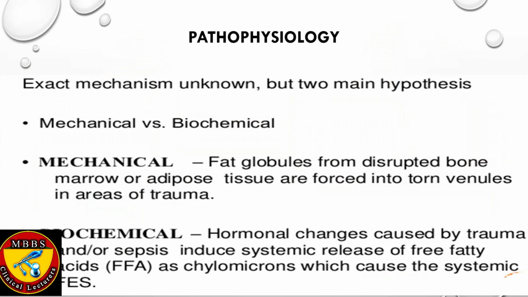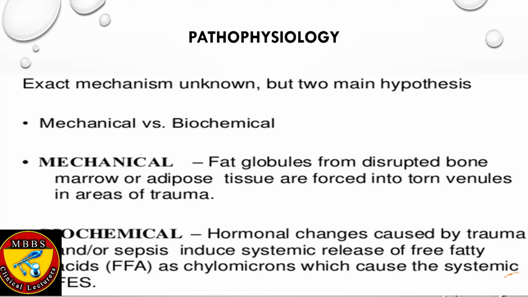Now, the pathophysiology of fat embolism is based on two main hypotheses: mechanical and biochemical. In the mechanical hypothesis, traumatic injury causes fat globules to be disrupted from the bone marrow or adipose tissue, and they are forced to travel into the torn venules in the areas of trauma and enter the venous circulation.